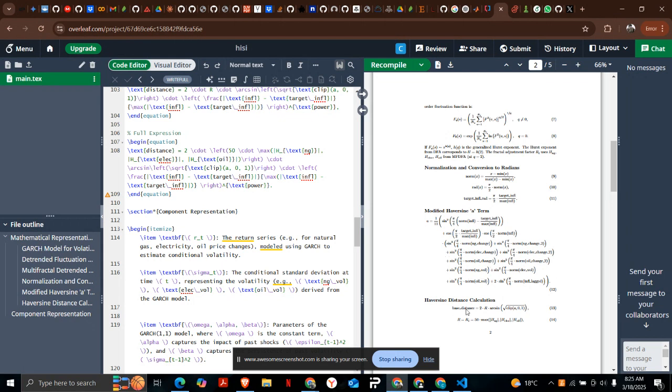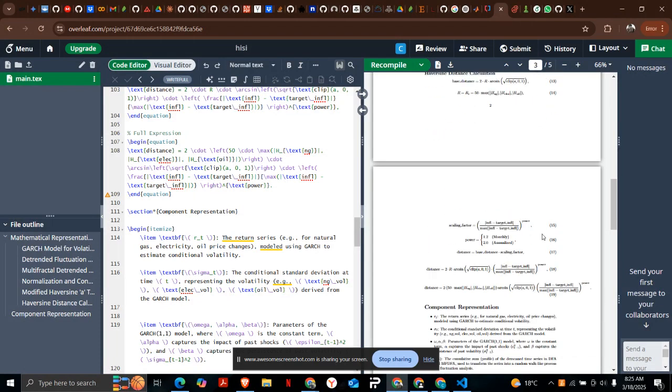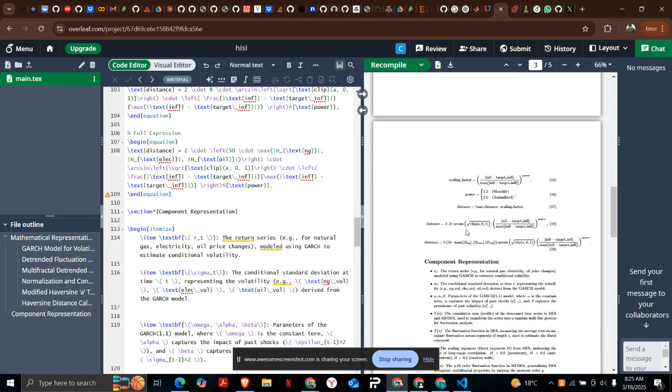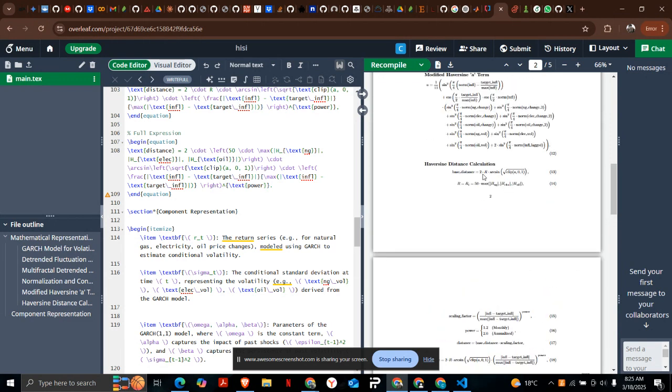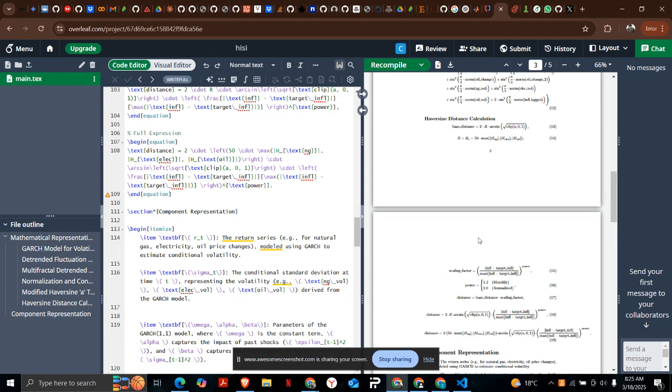And then once we've done that, we now calculate the Haversine distance. The Haversine distance is basically 2 times r, which in this instance is 50 times the max of the absolute Haversine exponent of natural gas, electric prices, and oil.